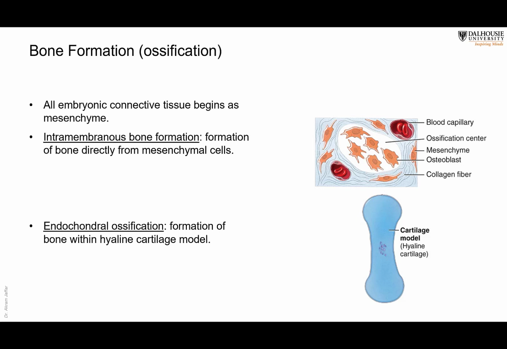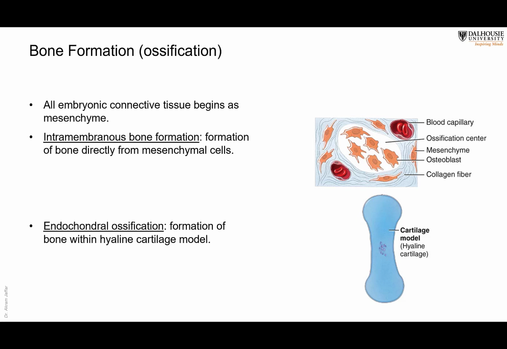So they immediately change into bone. Or the other option, which is for most of the bones of the body, they change into chondroblasts. So they change into a template of cartilage, and then this template of cartilage will be replaced by bone. And this cartilage is hyaline cartilage. Remember I mentioned that hyaline cartilage is present in the fetus as well.